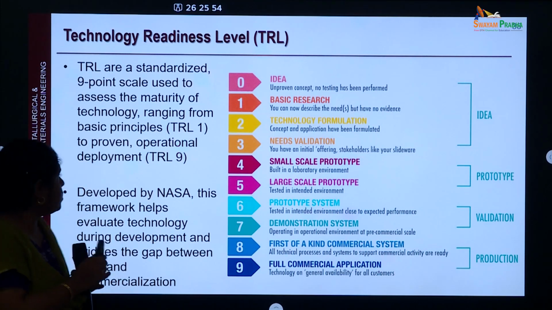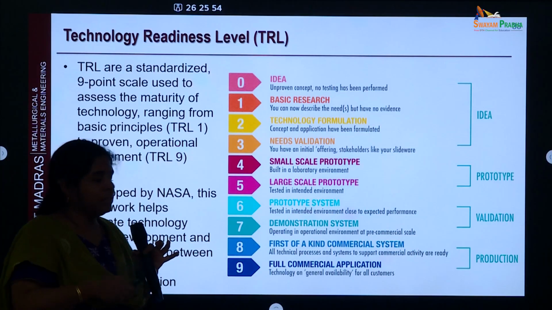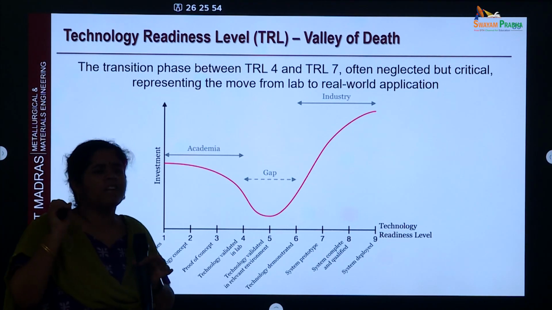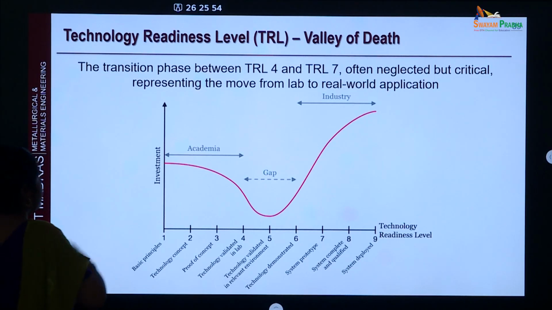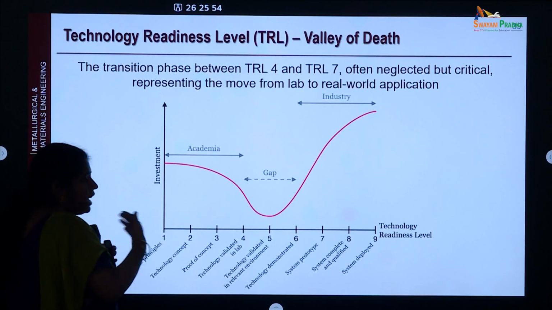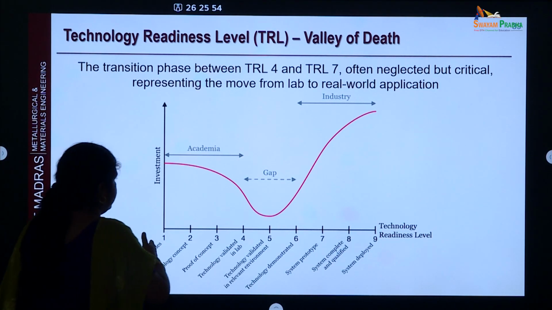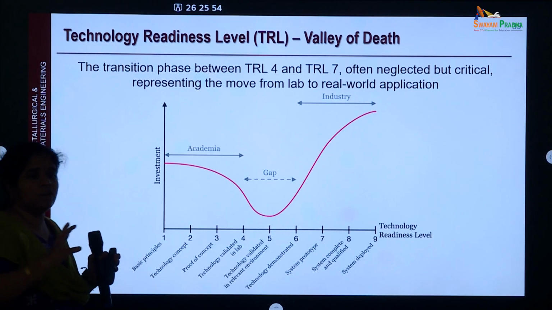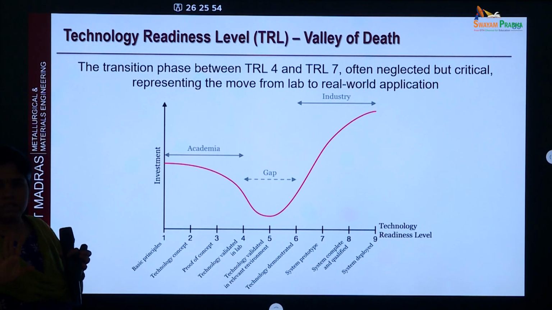Okay, so it's nice to see we have different stages, but this is where most of the technology dies. This is called the valley of death. Academia, like us in the IITs, works between... TRL 0 you cannot really connect to, because it's just two people speaking. So let's start from TRL 1, where we start our basic research.